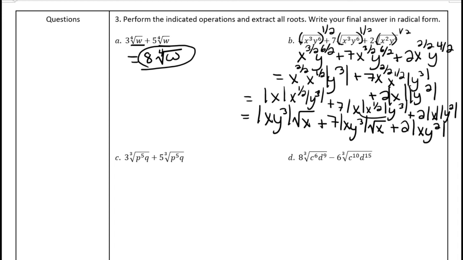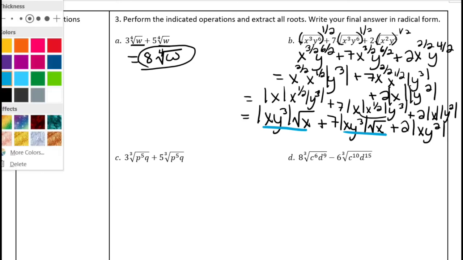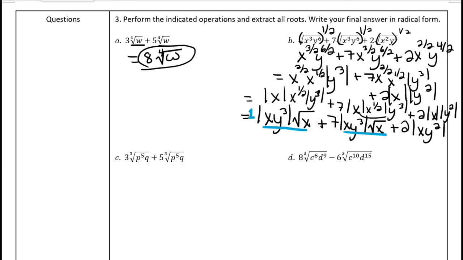All right, so if you notice, these are like terms. So let me do that. So these two are like terms because they have the same variables in the same index. So we have, and there's an invisible 1 here. So 1 plus 7 gives me 8 of those. So I have a total of 8 of these guys.